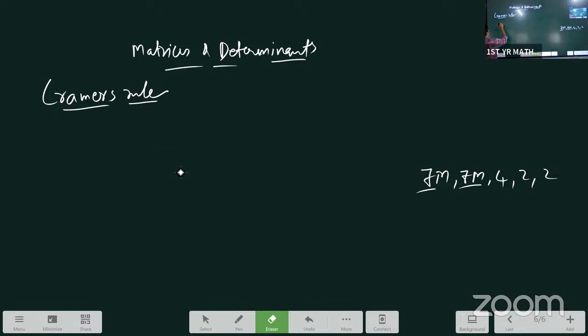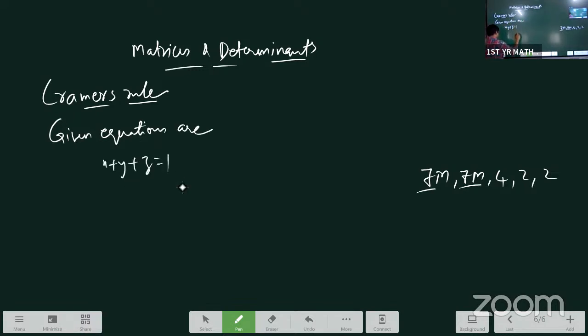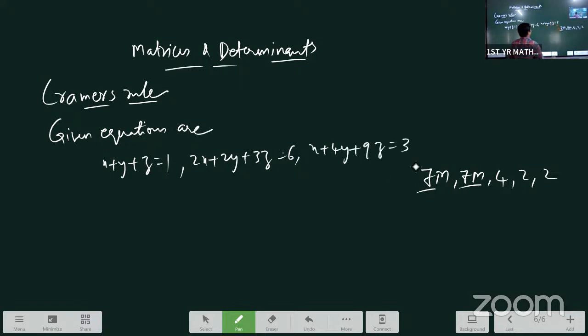Suppose your given equations are x plus y plus z equal to 1, and 2x plus 2y plus 3z equal to 6, and x plus 4y plus 9z equal to 3. These are your 3 equations, and in the exam they will ask to solve by Cramer's method.